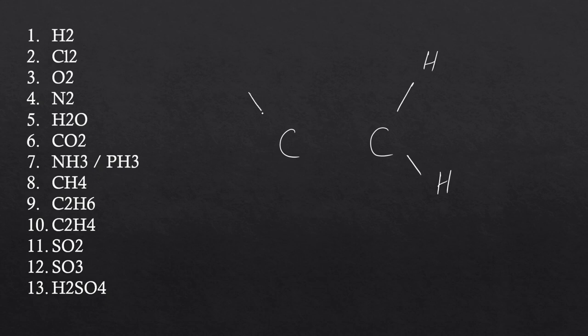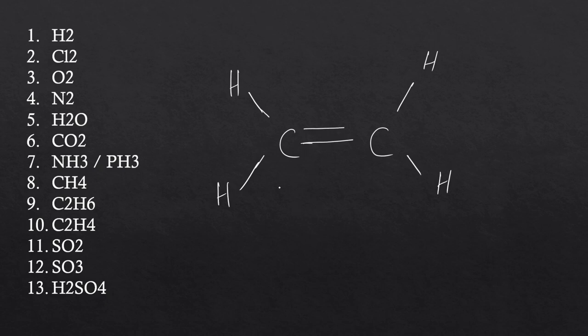And this carbon is also connected with 2 hydrogens because it's C2H4. But you know each carbon makes 4 bonds. If I draw a single bond between them, one bond is still missing because each carbon is making 3 bonds: 1, 2 and 3. So I need to draw another bond, okay? So now each carbon is making 4 complete bonds.